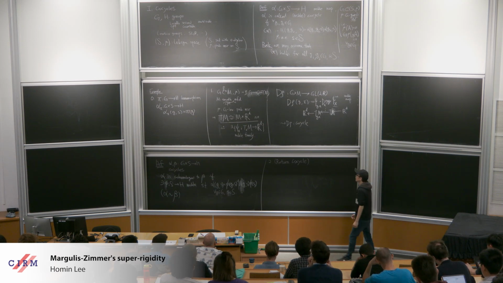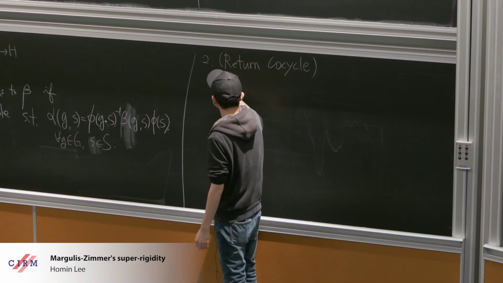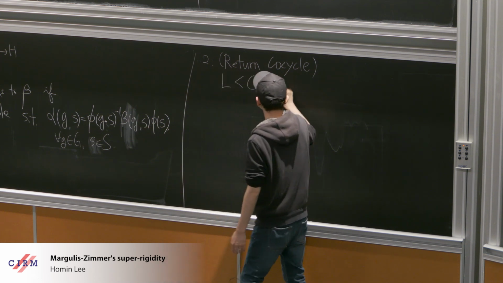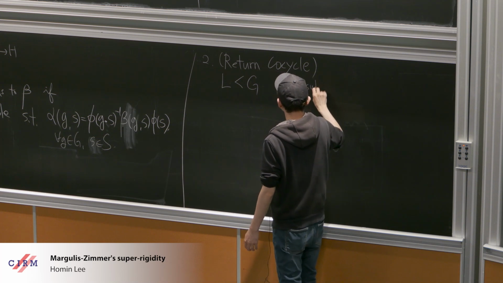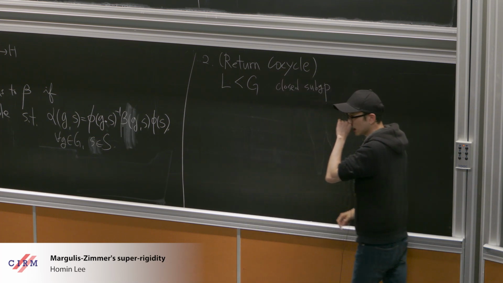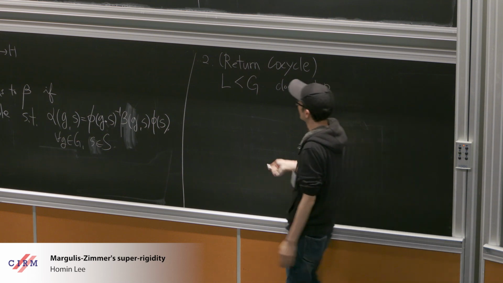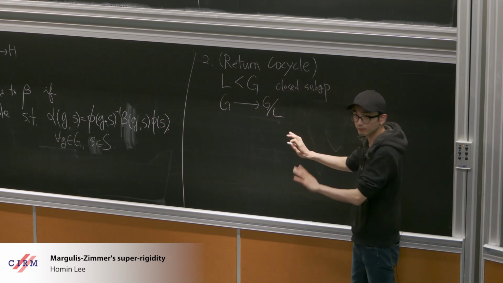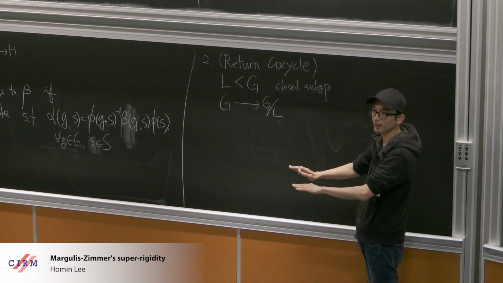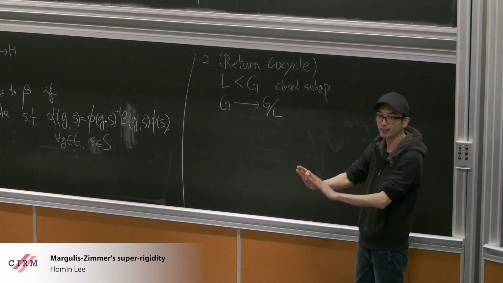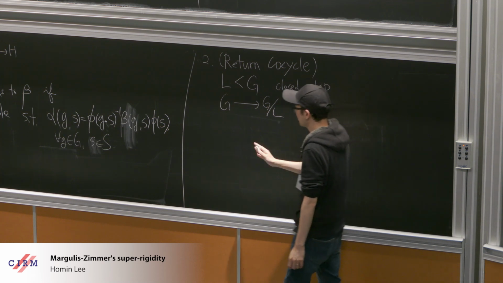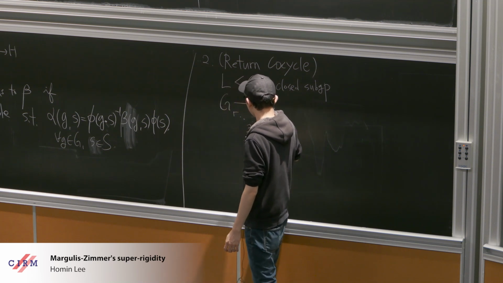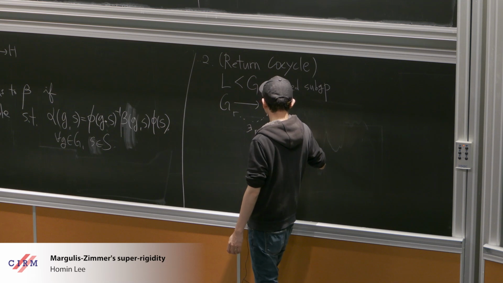So let's say gamma is a closed subgroup of G. And here again, please believe me, you have a natural projection to the space of cosets. You can just project G to G mod gamma. That's fine. The fact I want to use is that there exists a measurable section psi.